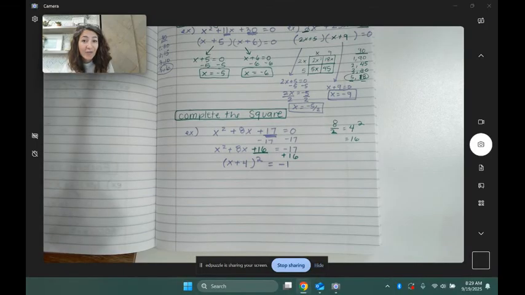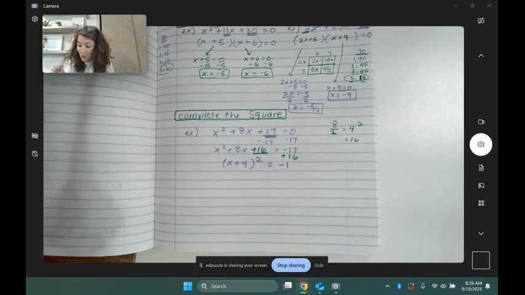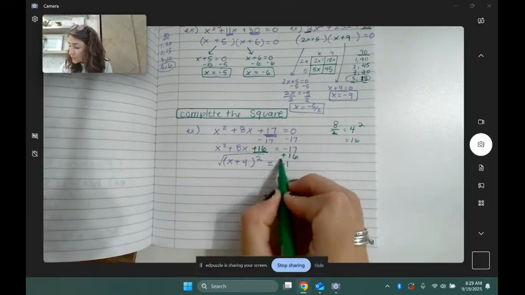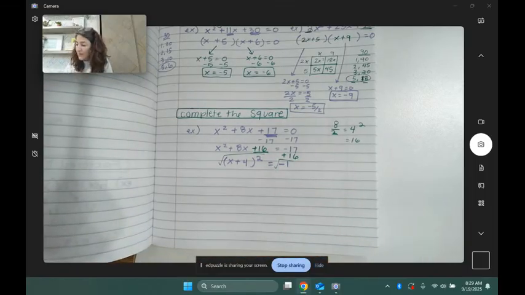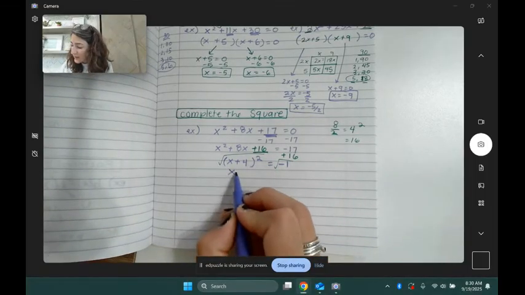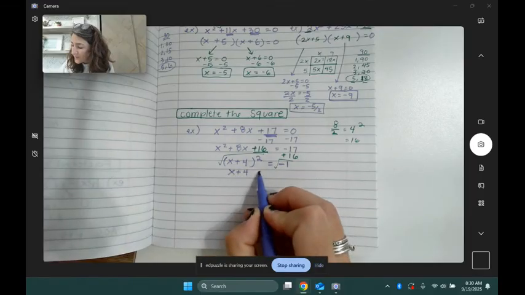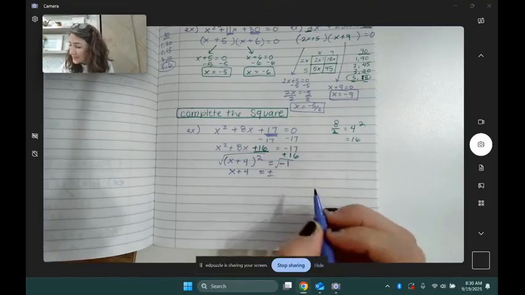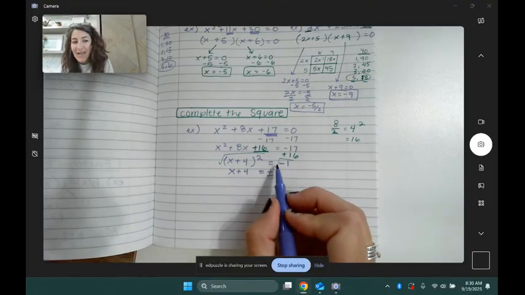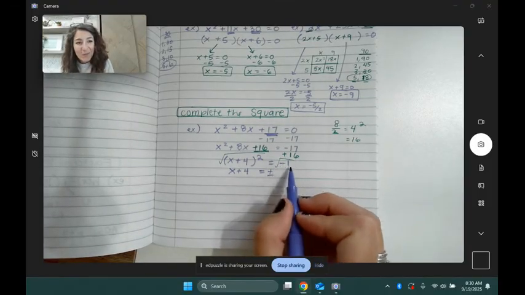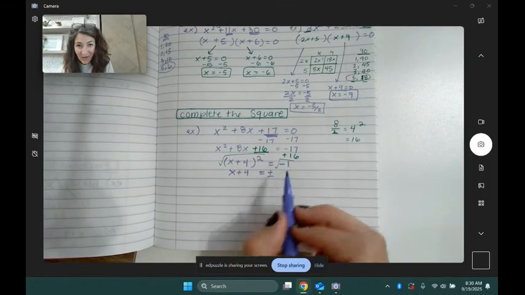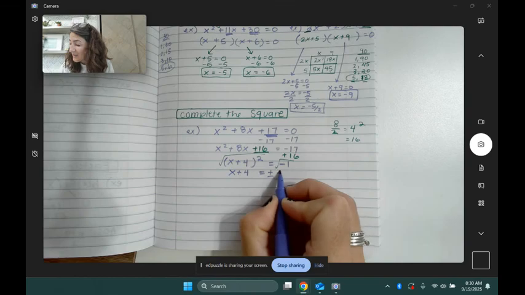I need to solve for x. So next, what we're going to do is square root both sides, and that will cancel out my squared here. So x plus 4 equals, when I do this, it can either be a positive or a negative. And the square root of negative 1, if you type that into your calculator, you'll get an error because it's imaginary.